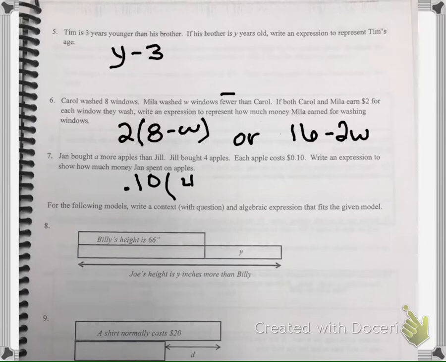So Jill bought 4 apples, and Jan bought A plus 4. Either way, that works. Another way to write it is we have 0.10 times 4, which is 0.4, plus 0.1A. Either is correct. We are not solving them.